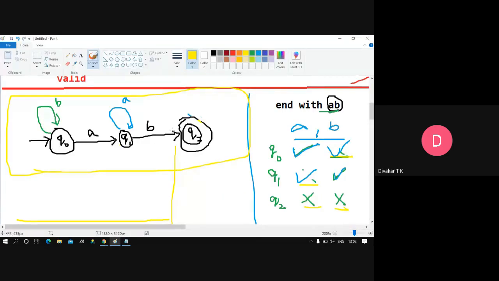Q0 is passing the A symbol and B symbol, Q1 is passing A and B, but Q2 is not passing A and B. If I put a self loop also, it is not working and gives the wrong output, it is rejecting. So we have to check that in the next session, guys.